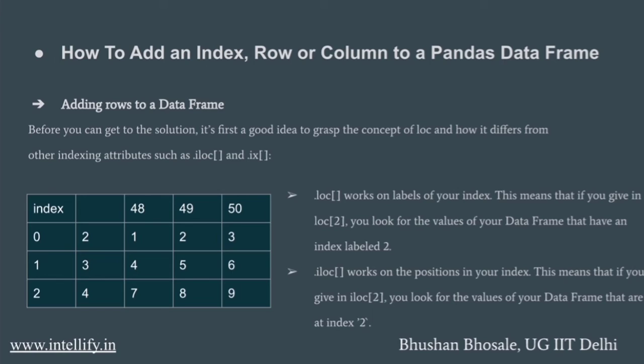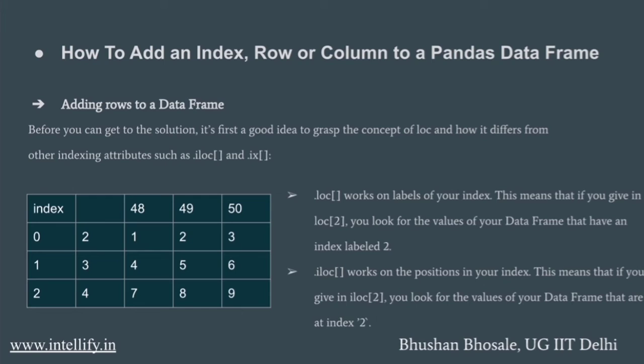iloc works on the position in your index. This means that if you give in iloc[2], you look for the values of your data frame that are at the index position 2, so it will show the row of index 2 assigned by default. And ix is a more complex case.